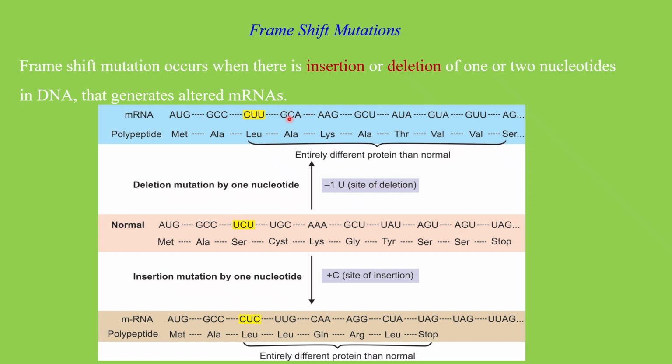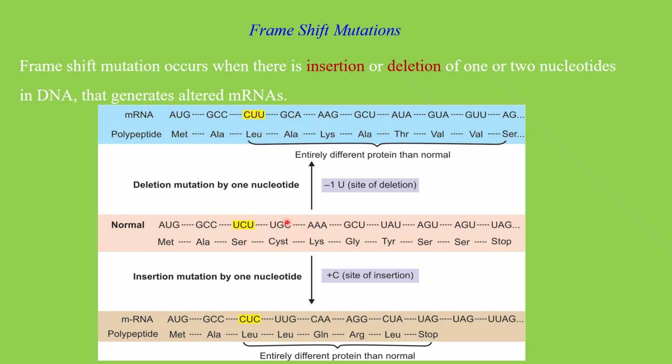So now the frame is being shifted here, and this U will be accommodated here, so it will be like CUU. This U will be shifted here because this U is lost. So how can we read the next frame? It will be like CUU and GCA, then AAG.